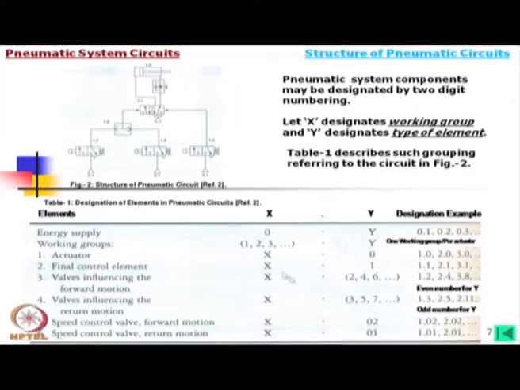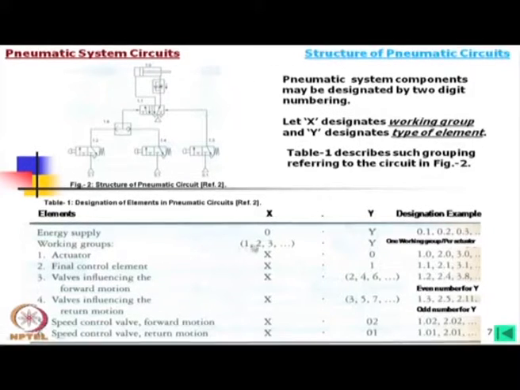In this table, energy supply in the working group is 0, and the designation example y might be 1, 2, 3 depending on the different type. So, for the working group, for the first supply we put 0 at the place of x, and 1 maybe for general supply, then 2 may be another supply.